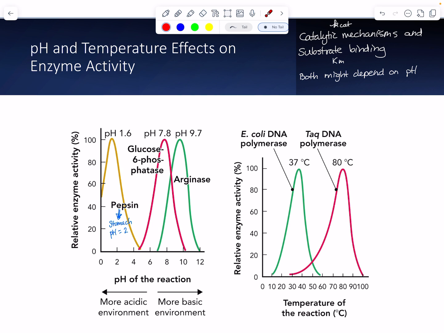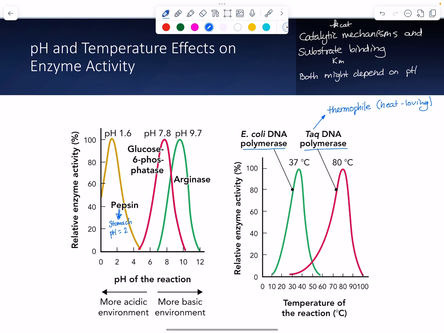And then the other thing is temperature is going to affect activity. So what does temperature affect in terms of the active site? That would mean that something like Taq DNA polymerase, which is from a thermophile, which means heat loving, from an organism that lives in a very hot environment.